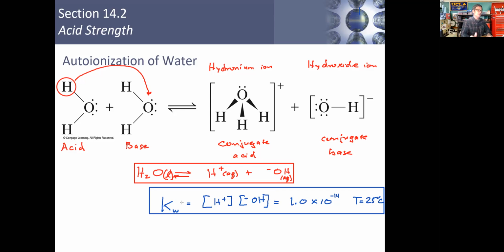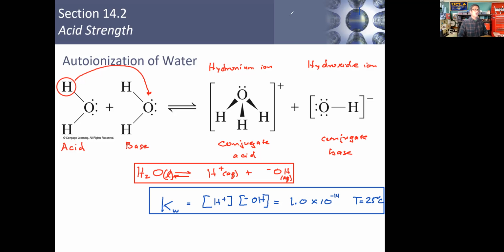So Kw is the equilibrium constant for the auto-ionization of water. Water does this, and when you take the product of these two here, it will always be equal to 10 to the minus 14. Make sure you keep that in mind.